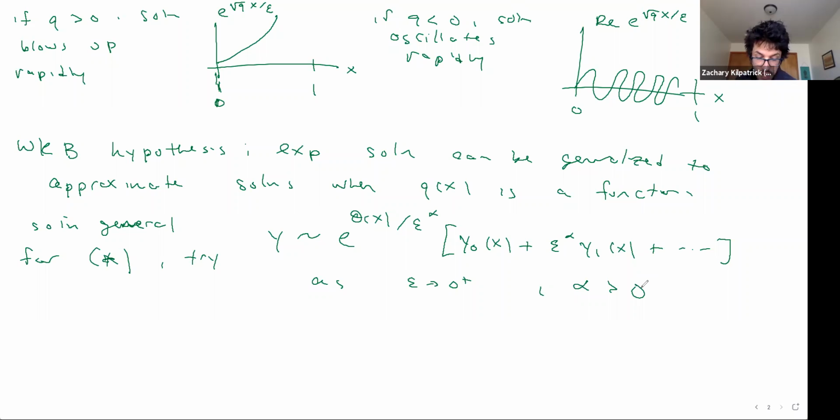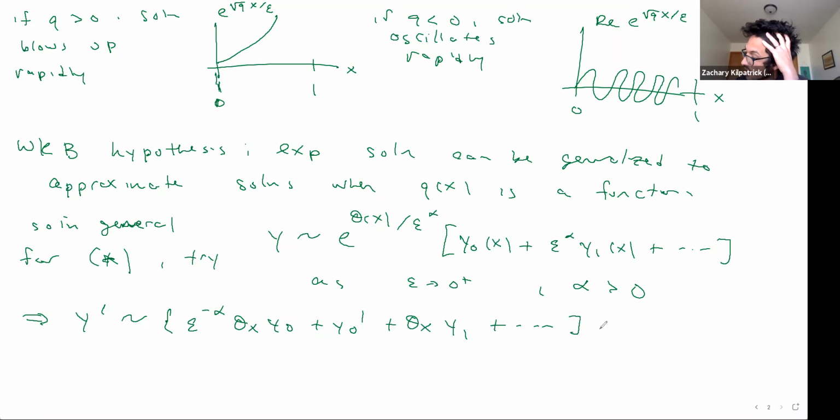So if we do this, then y prime is going to be approximated by epsilon to the minus alpha, which comes down from applying the chain rule to the exponential, times theta sub x y0 plus y0 prime plus theta sub x y1, and so on, times e to the theta over epsilon to the alpha.